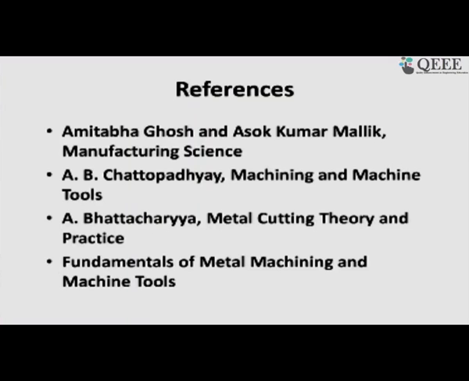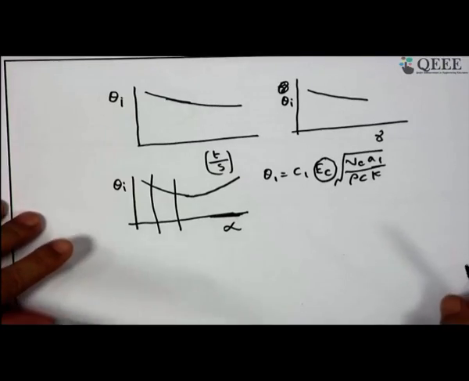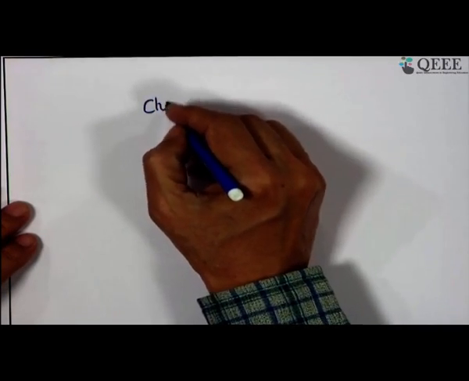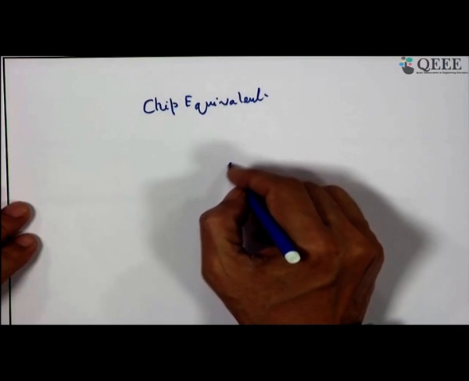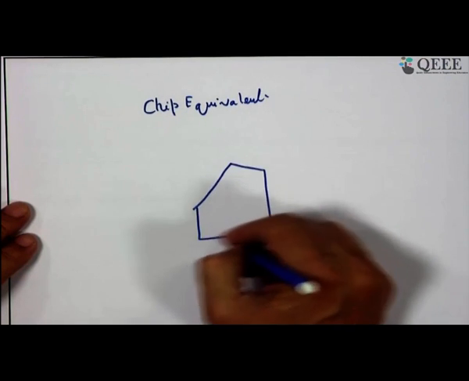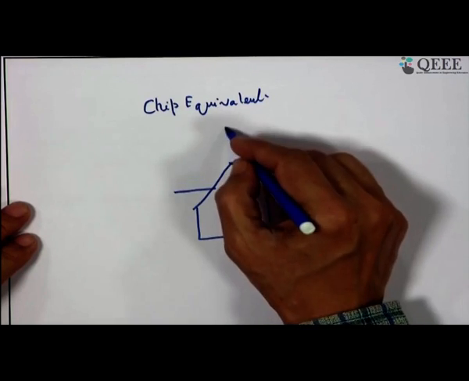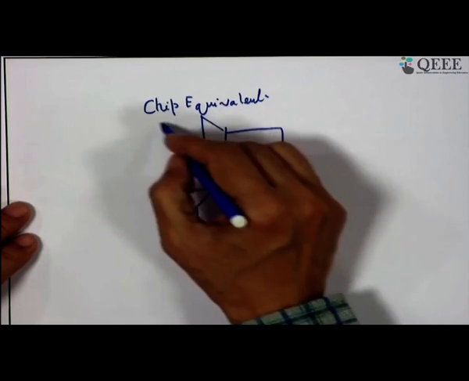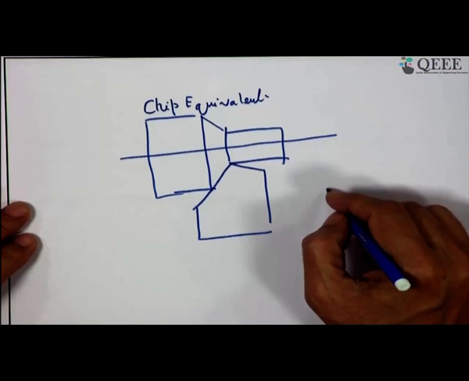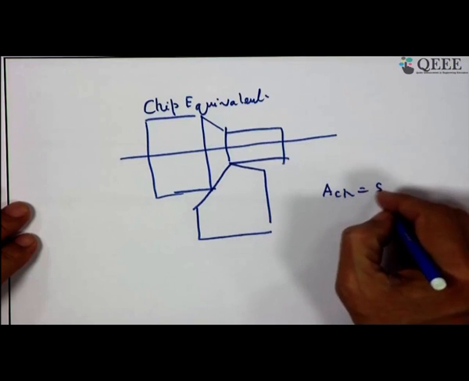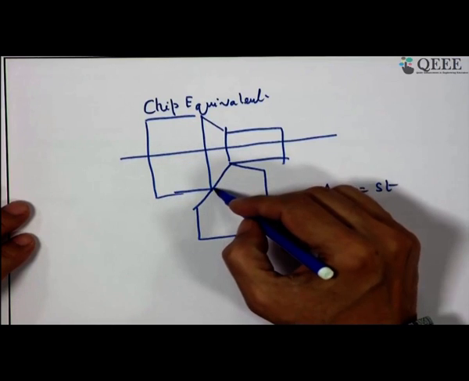But I must go to one term which we call chip equivalent. We have not presented it in the slide, so I have to write it here. Friend, this is also an important criterion, chip equivalent. That means one tool is in cutting action. So, when it is the cutting action, here the cross sectional area of the chip is ST, and there is the contact length.